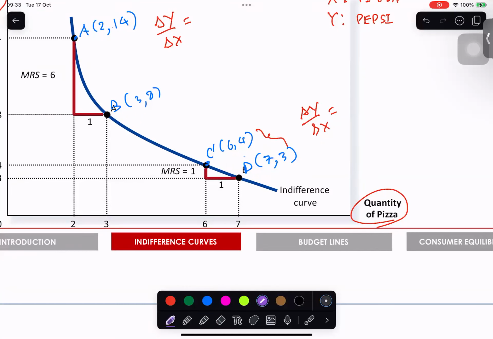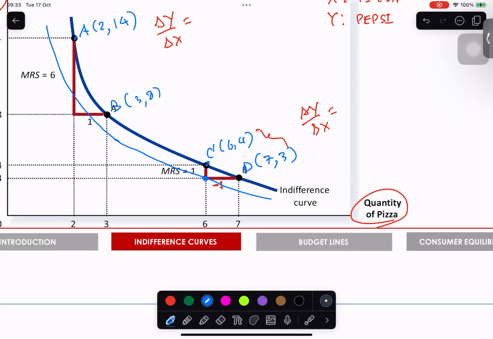If I steal pizza from you, you are going to feel very sad, so he will come to this spot. You can imagine that actually there is an indifference curve here. He falls to the lower indifference curve if we steal pizza from him.